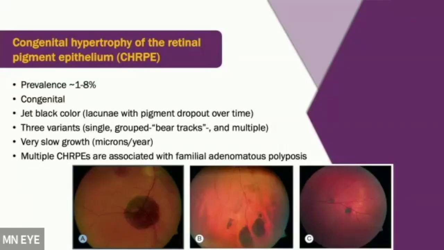Unlike choroidal nevi that have more indistinct borders, CHRPE have sharp borders. They can have halos around them. They have lacunae with loss of pigmentation in between. And these, of course, need to be monitored, but the chance of progression to a malignant lesion is almost 0 for them.